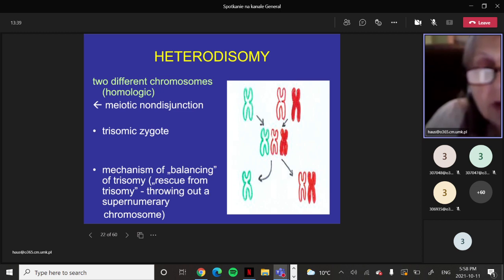So we have a trisomic zygote which has two chromosomes X and Y from the red parent and one chromosome X from the green one.